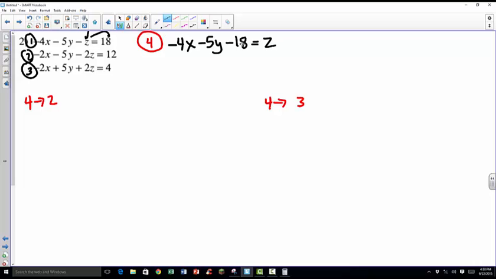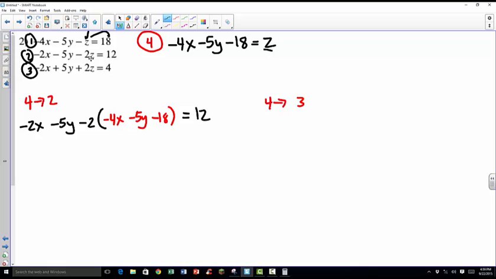Alright, so now I'm going to take the new equation 4 that we made in terms of z, and put that into equation 2 and into equation 3. So once again, I take equation 2. It says negative 2x minus 5y minus 2 times our new z, and our z says minus 4x minus 5y minus 18, and then it says equals 12.